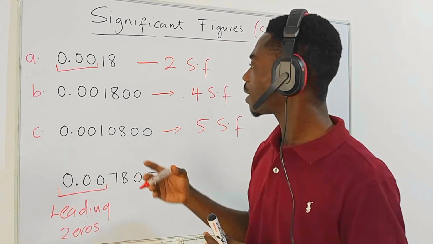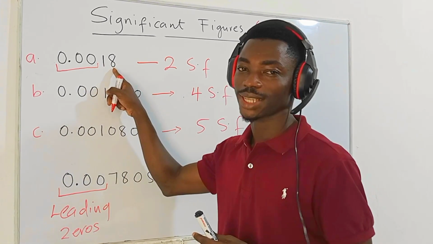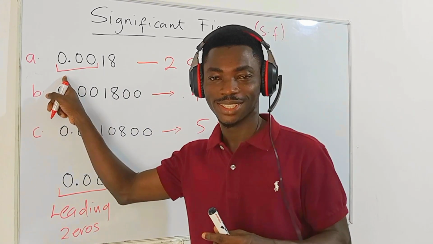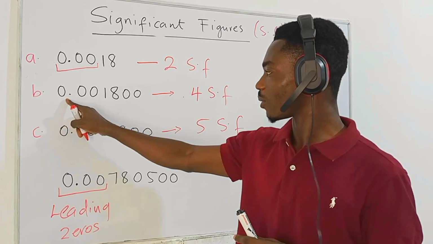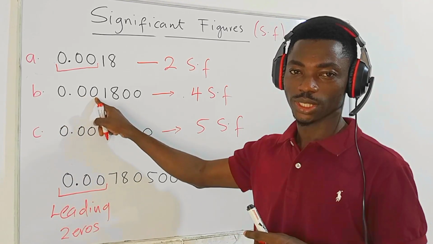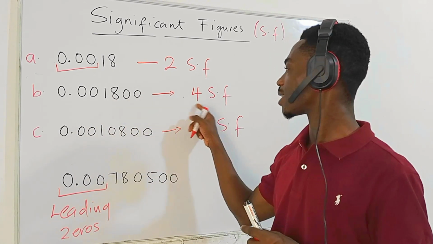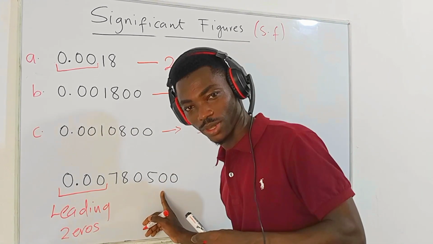The only significant figures we have in this number right here is just 1 and 8. That is how come we had two significant figures for the whole of this. Now let's consider the second example. This right here, we also have leading zeros which are not significant, yet we had 1, 2, 3, 4 as significant figures.